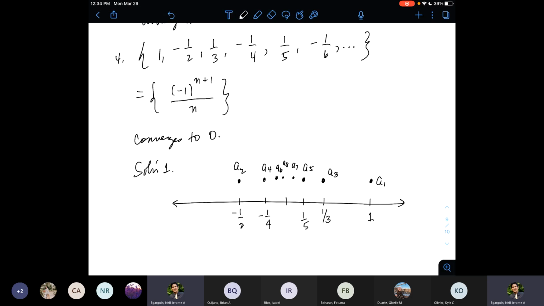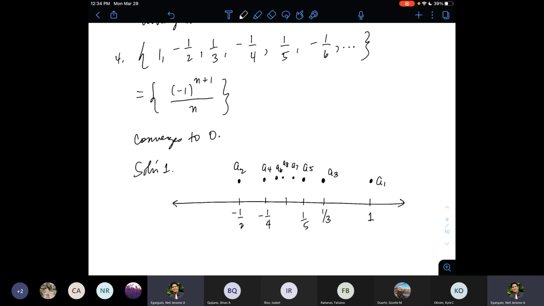So as the index increases, the values seem to be very, very close to 0, even if they are alternating in sign. But in the long run, even if they alternate between a positive and a negative number, they will eventually converge to 0. So this will go to 0.